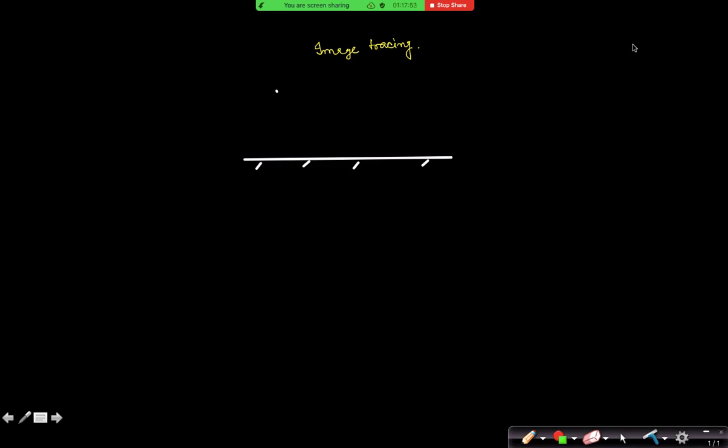So where will the image of the object lie? Very simple. Drop a perpendicular from the object to the mirror, right? Extend by the same amount, you will find the image. Yes or no? Can I say that?